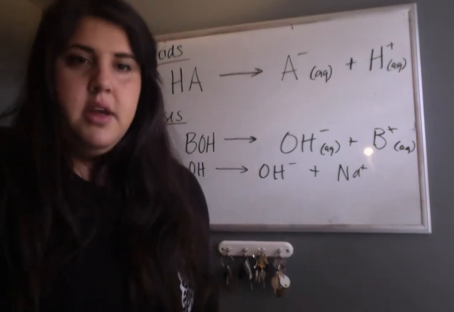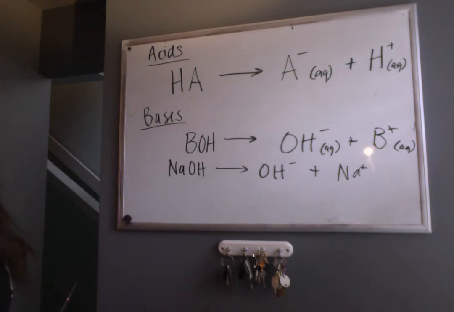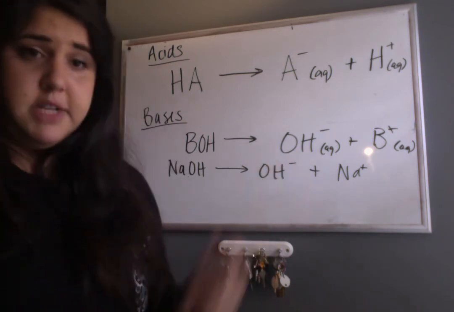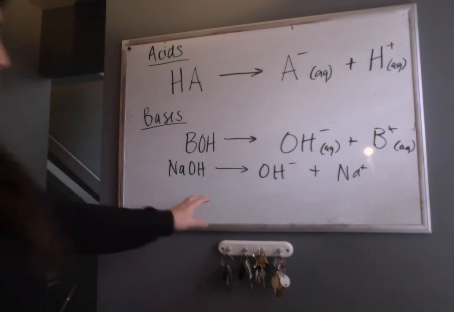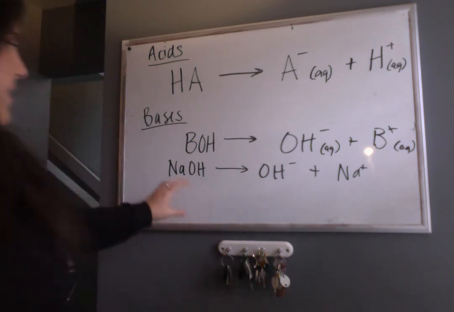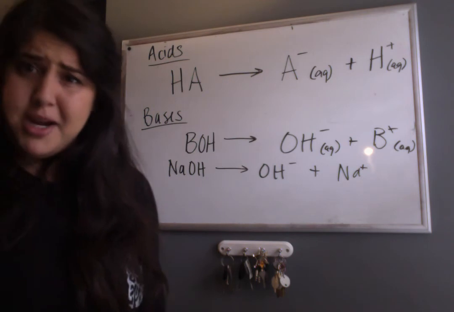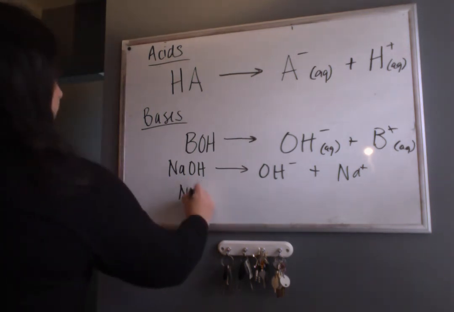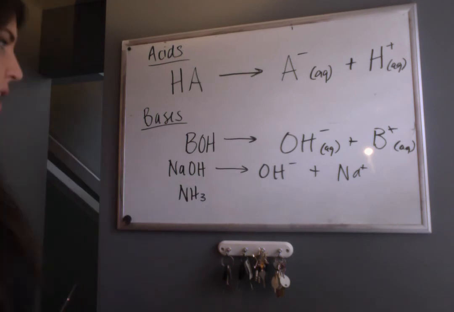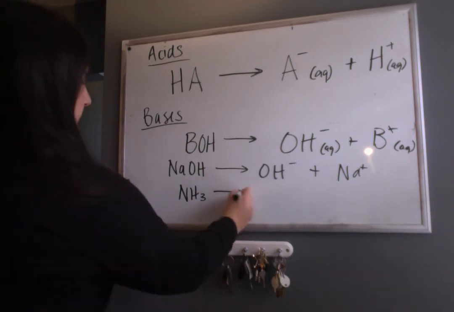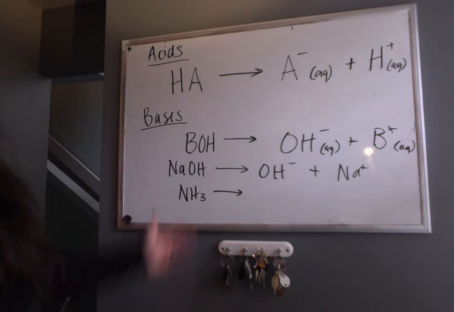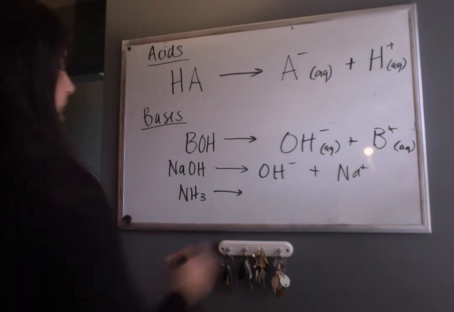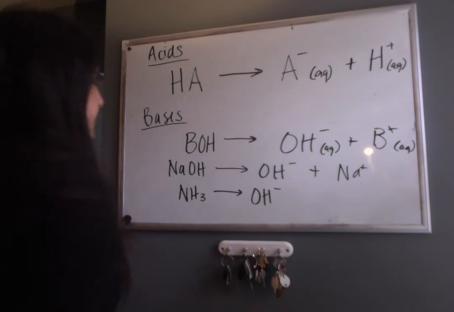So, now, the problem with the Arrhenius theory, there are a couple of problems with this theory that we've talked about. First of all, the problem with this theory is not all bases break apart to form hydroxide. So, if I look at ammonia, NH3, I can say, okay, NH3, according to Arrhenius, again, if NH3 is a base, which I have tested, I promise you ammonia is a base, it should produce hydroxide.